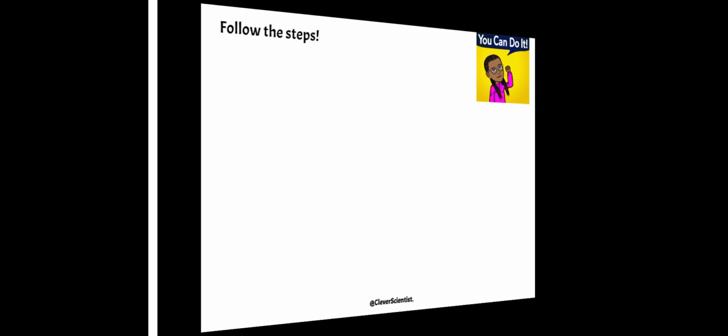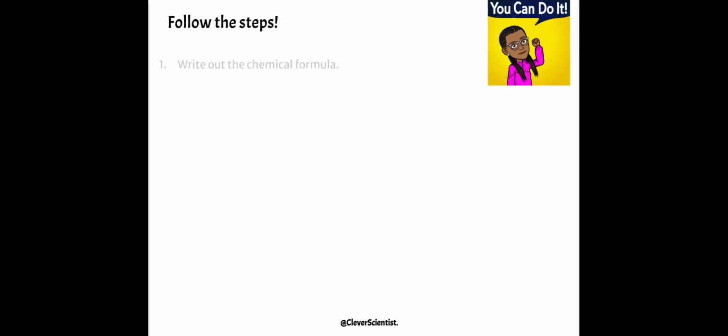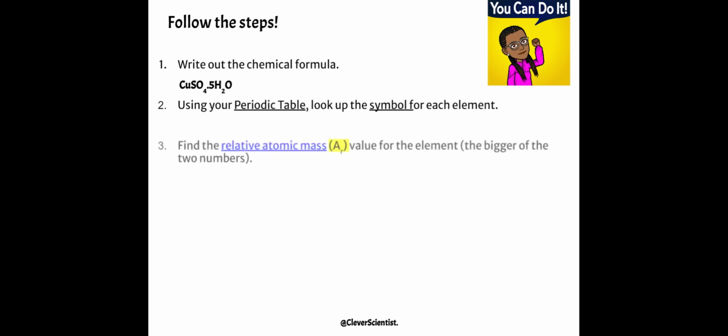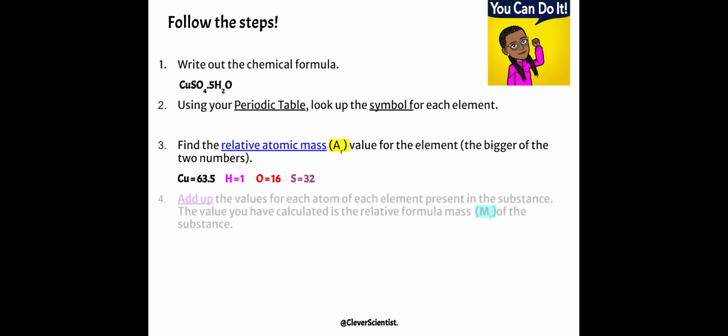So, just like in the previous 2 examples, you're going to follow the steps. Write out the chemical formula, CuSO4.5H2O. We're going to use our periodic table. We're going to look up the symbol for each element, and we're going to find the relative atomic mass for each element. So copper is 63.5, sulfur is 32, hydrogen, as you already know, is 1, and oxygen, as you already know, is 16.